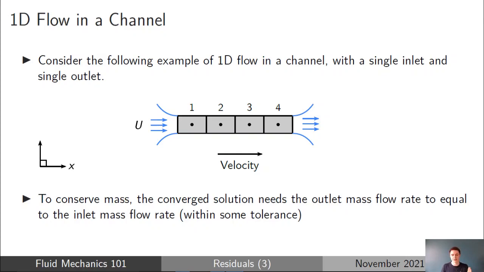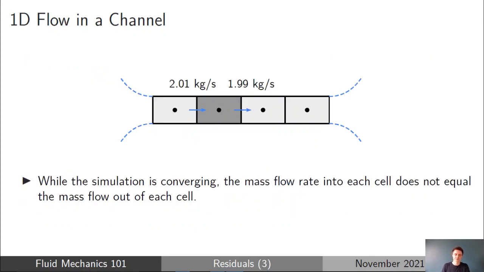To conserve mass, the thing we're really going to be interested in today, the mass flow rate coming in the left end of the channel must be equal to the mass flow rate going out of the right end of the channel within some kind of tolerance. That same process also applies for the individual cells in the mesh, where the flow coming in the left face of the cell must equal the flow going out the right face of the cell within some tolerance for our solution to be converged.